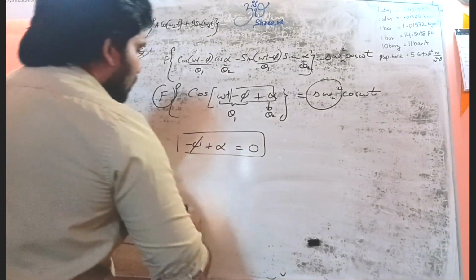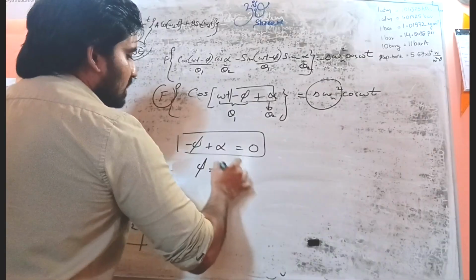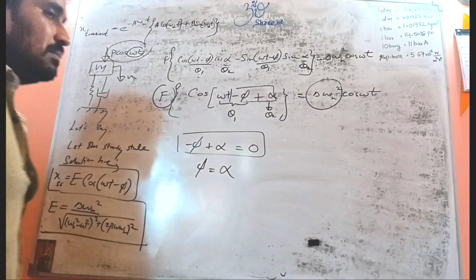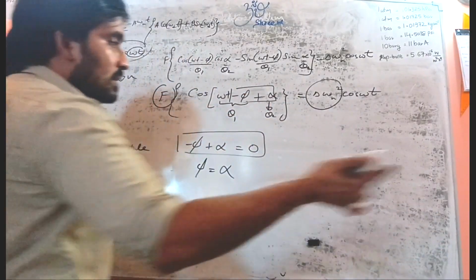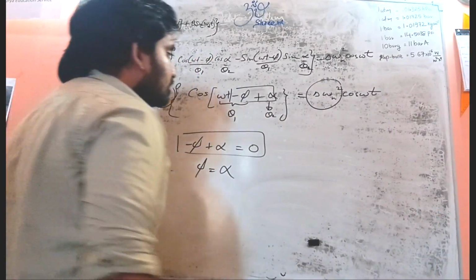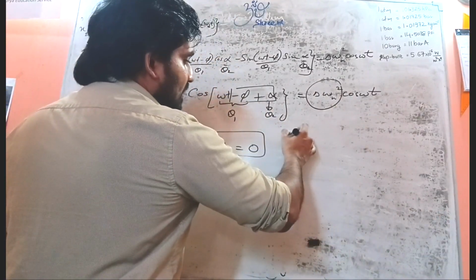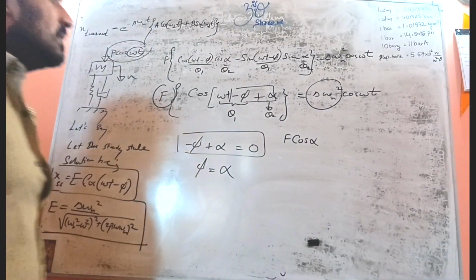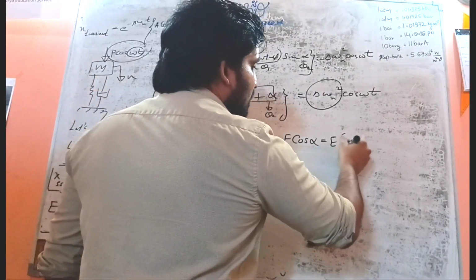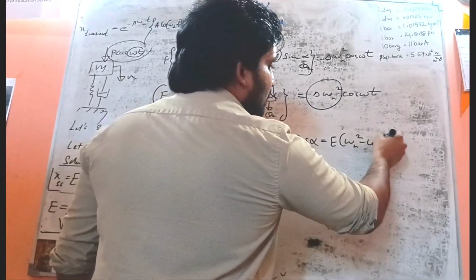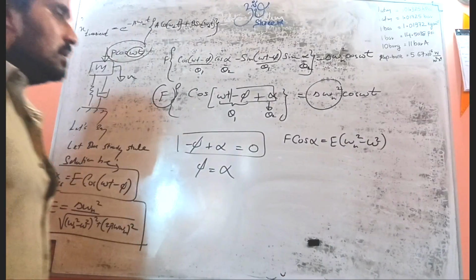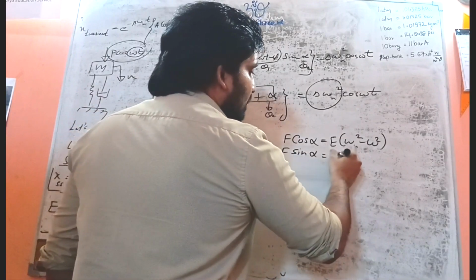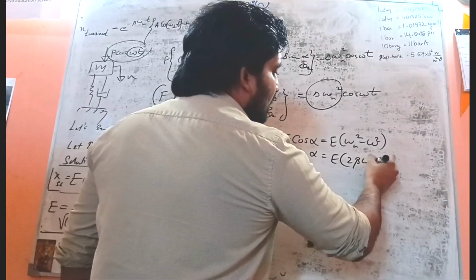So what is phi? Phi is actually alpha. But how can you find alpha? The method of finding alpha is this: we know that F times cos alpha equals E times (omega n squared minus omega squared), from the previous steps, and F sin alpha equals E times 2 beta omega n.